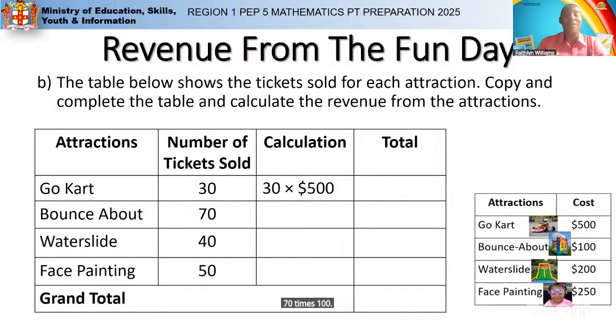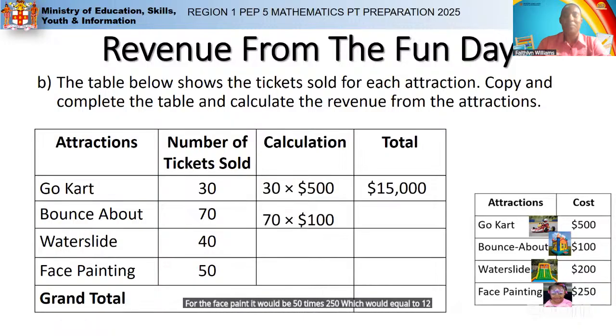Awesome. Go ahead. For the water slide, it would be 40 times 200, which is equal to $8,000. Excellent. For the face paint, it would be 50 times 250, which would equal $12,500.